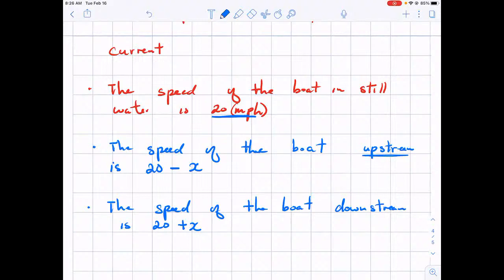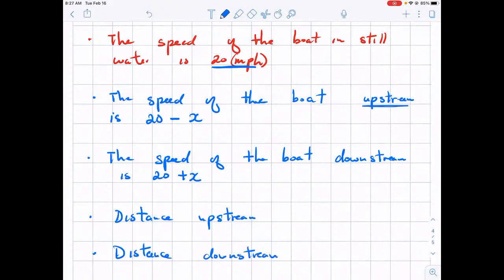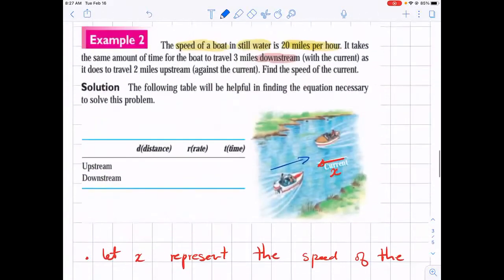You also have the distance upstream and the distance downstream. If you look at your problem, it's 3 miles downstream and 2 miles upstream.